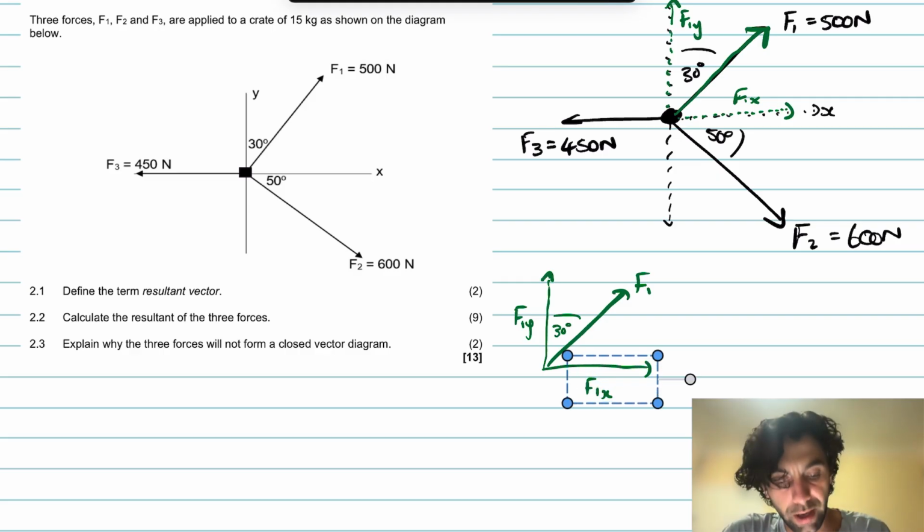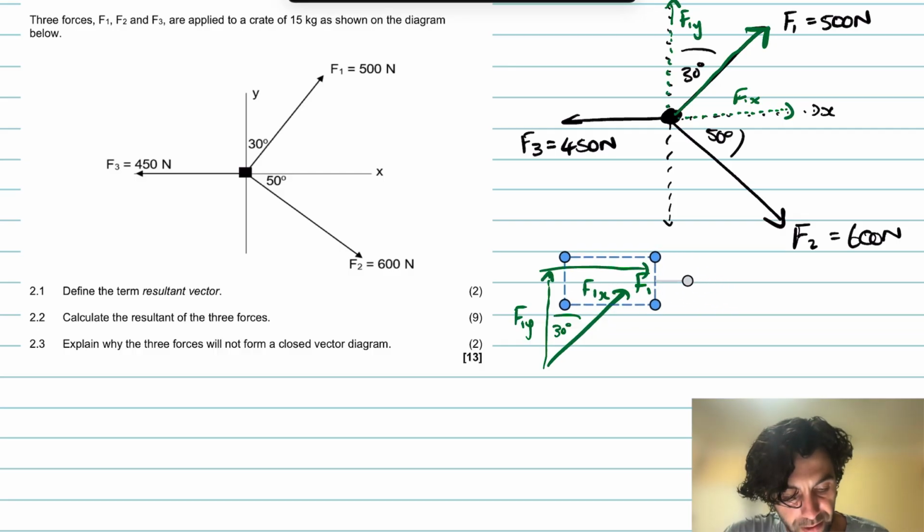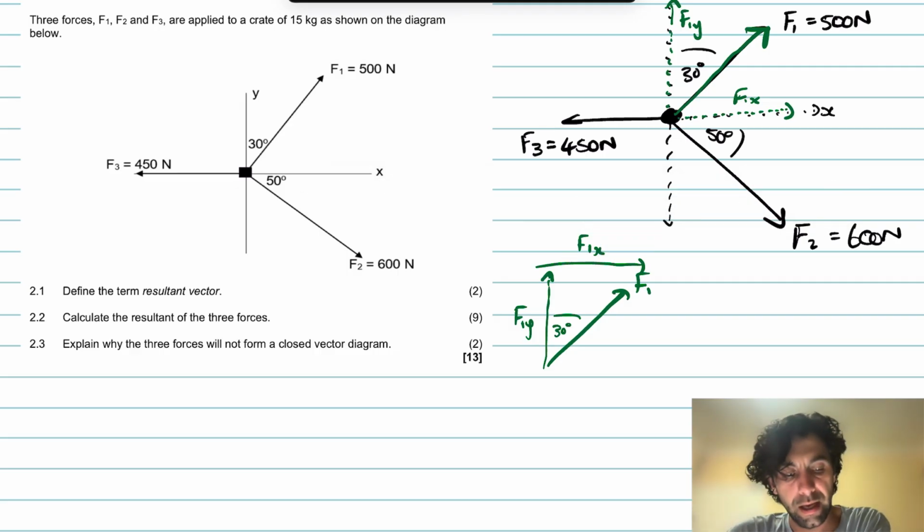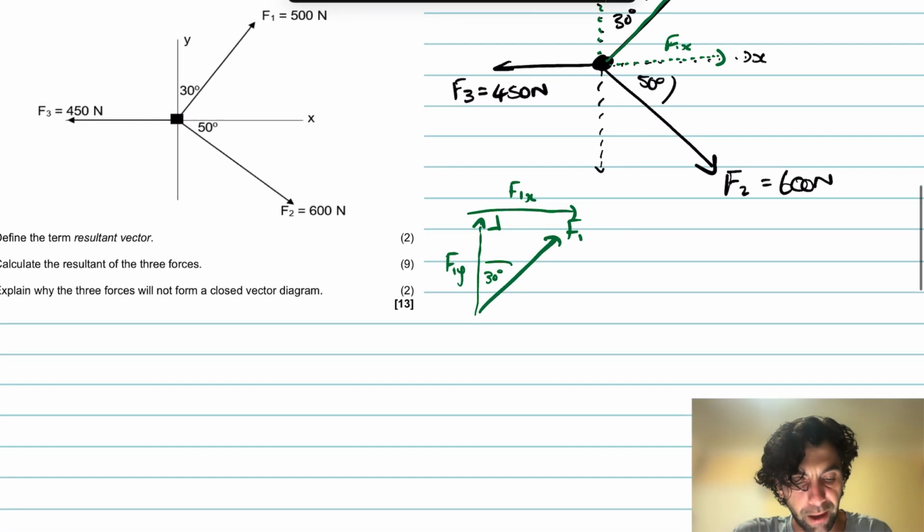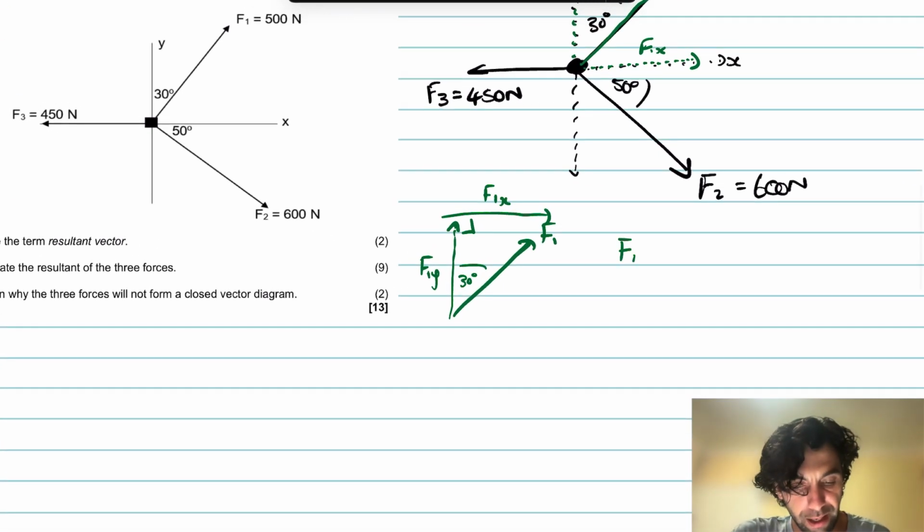All right, so I'm actually going to choose in this case to move my F1 horizontal component, F1x, up so that I have my triangle like this, and my 30 degrees is sitting right here in the corner. So I can quickly describe F1x as being the opposite of the 30 degrees, and we have the hypotenuse, which is always going to be the force itself.